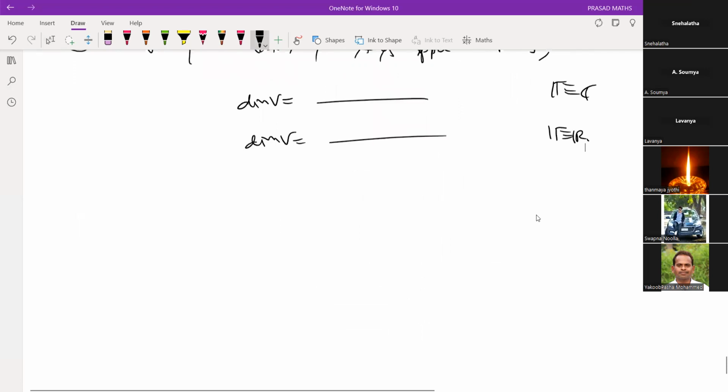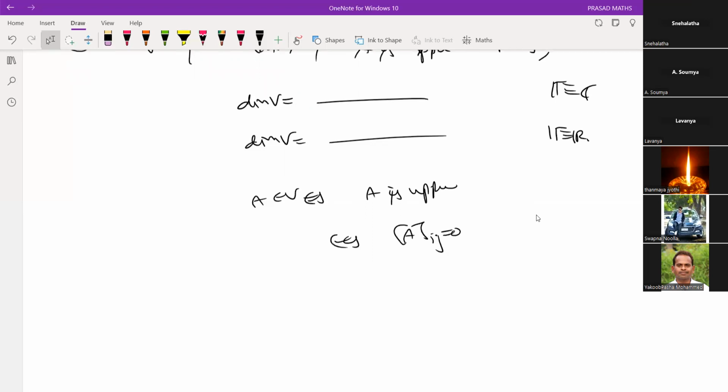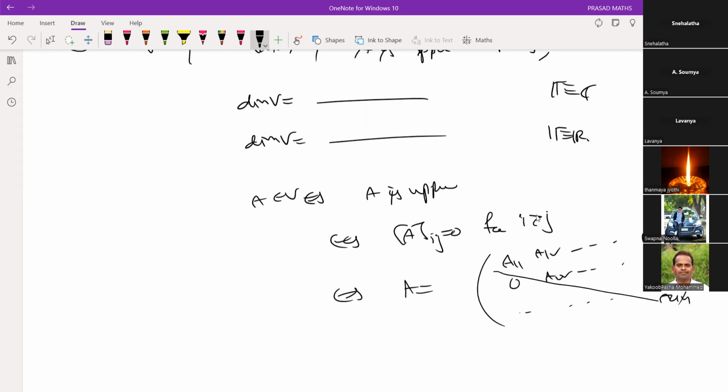A is an upper triangular matrix, which means all the entries below the diagonal are 0. This is A11, A12, keep it as it is. A21 is 0. This is A22, up to A2n, and it goes on to Ann. So all the entries below the diagonal are 0.